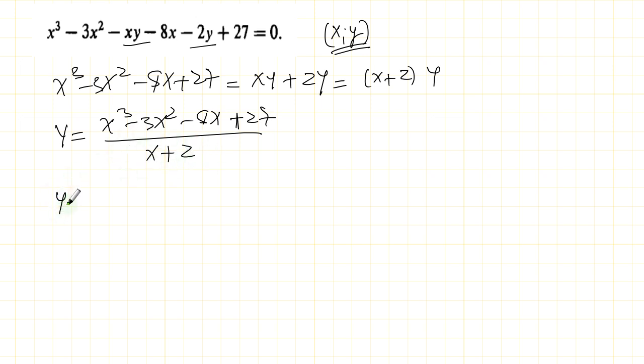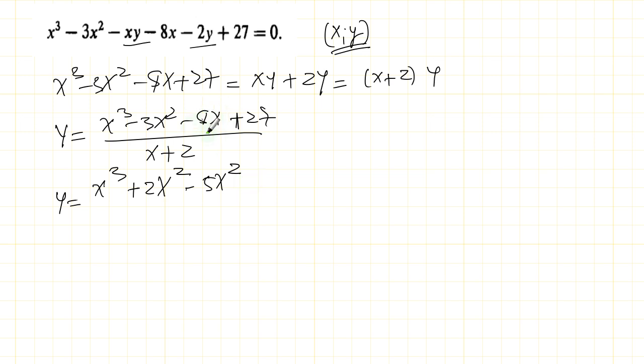So y is equal to x to the 3 minus 2x squared, because if I factor x squared I get x plus 2, but I have to have this one, so it has to be minus 5x squared.